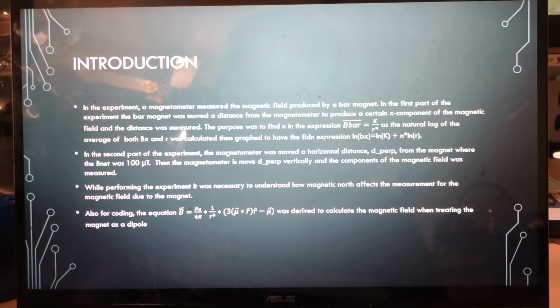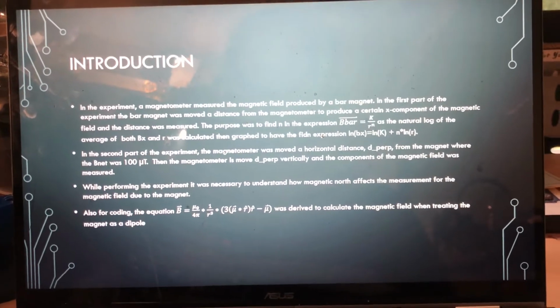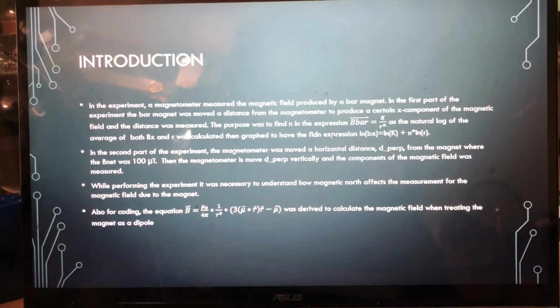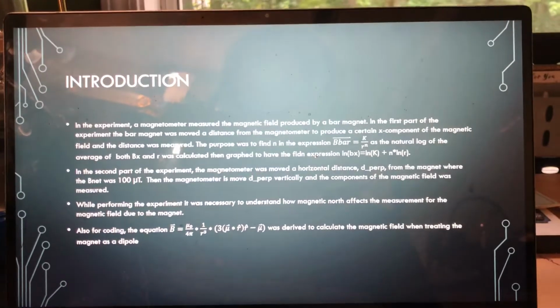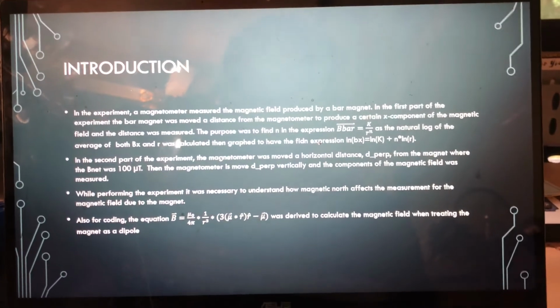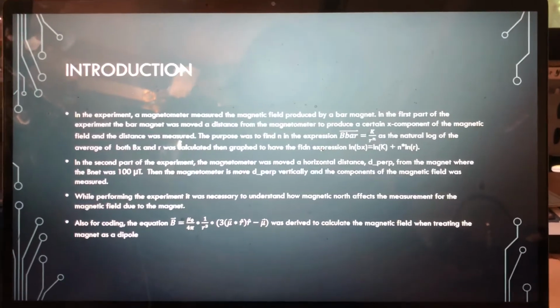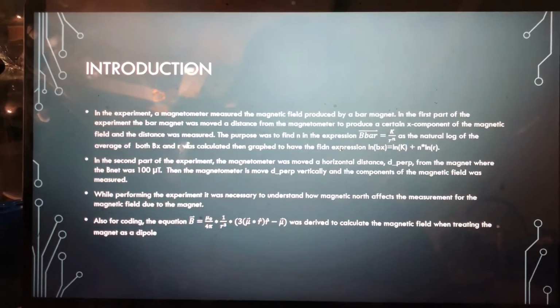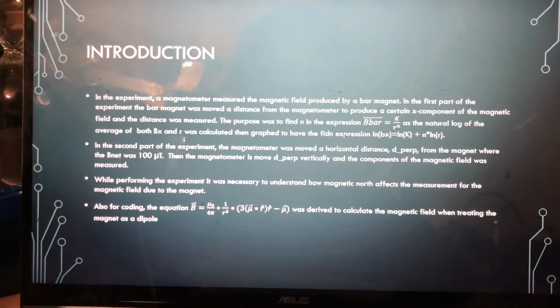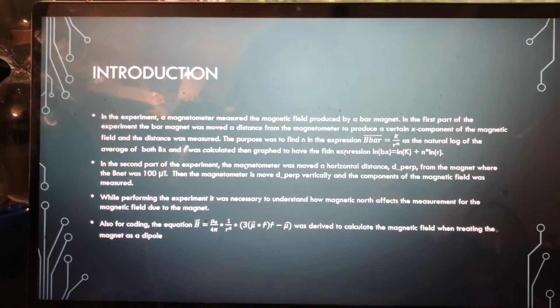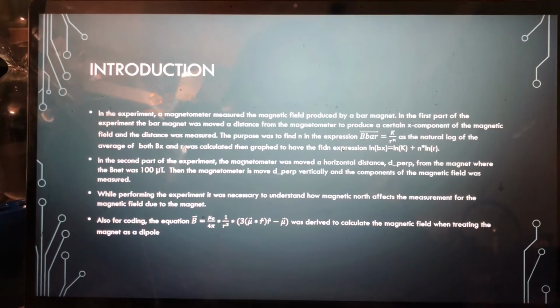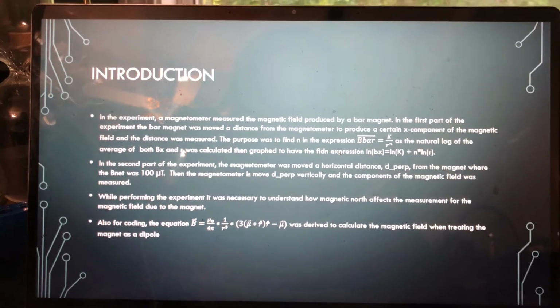from the magnet, where the B net was 100 microteslas. Then the magnetometer was moved d perp vertically, and the components of the magnetic field were measured. While performing the experiment, it is necessary to understand how magnetic north affects the measurements for the magnetic field due to the magnet.